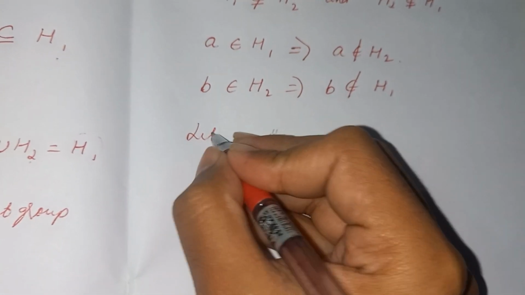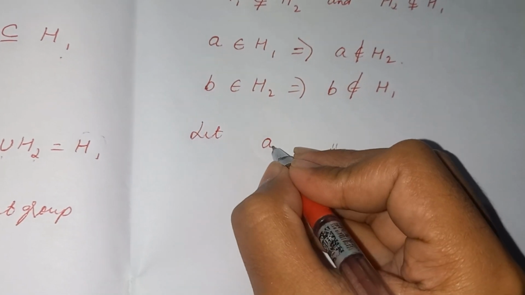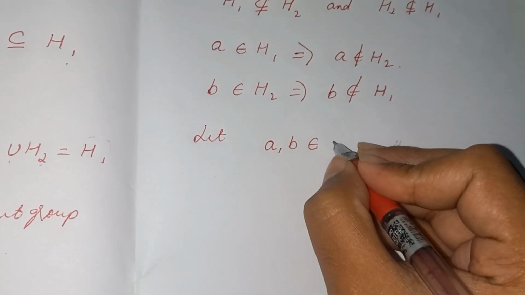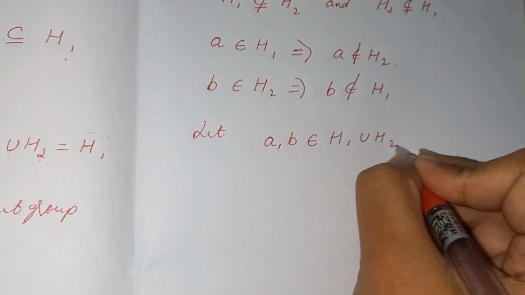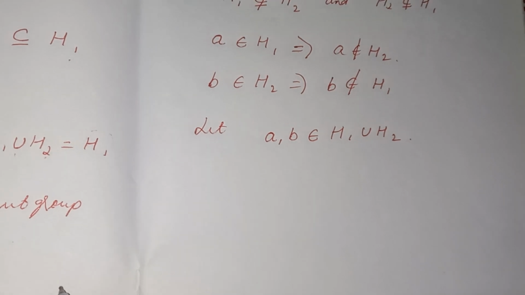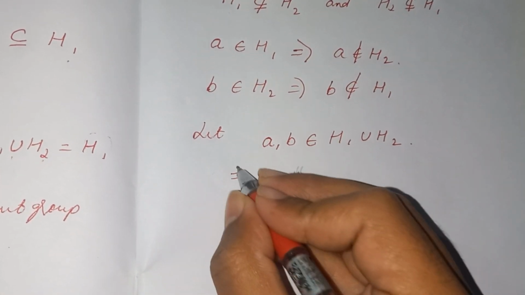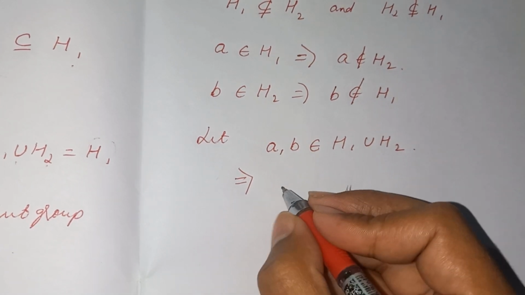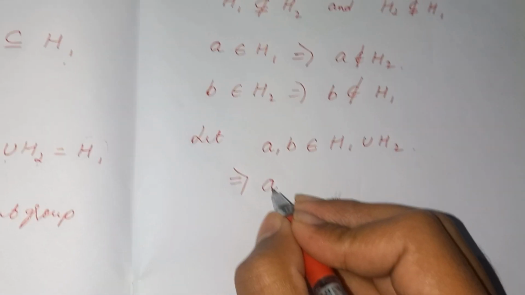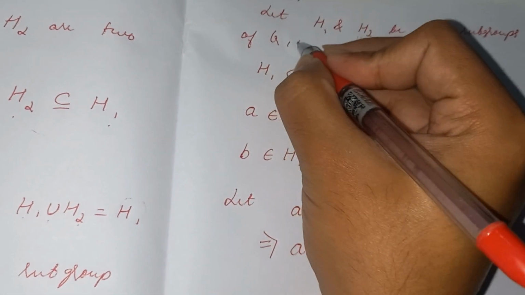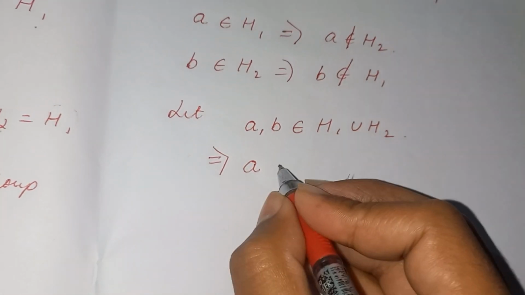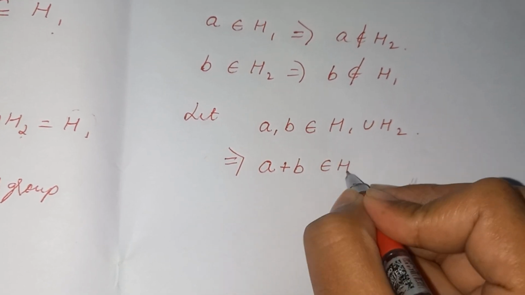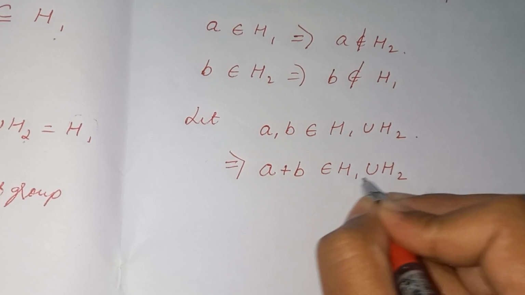Now let us suppose that A, B belong to H1 union H2. Which will imply that, since we have taken normal addition in this group, A plus B belongs to H1 union H2.